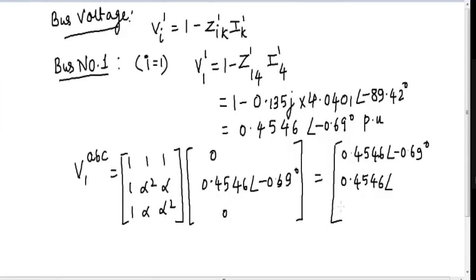Similarly, third answer, magnitude will be same, only the changes will be in the angle part. So please reply fast. जल्दी जल्दी reply करो। Very good. So the answer is -120.69.